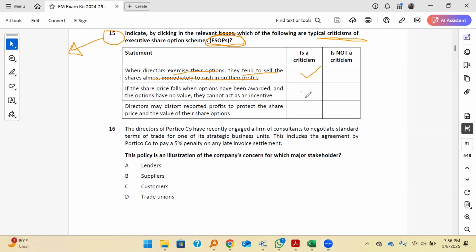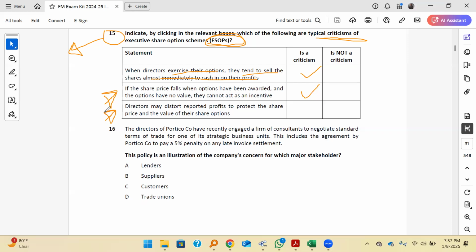Then, if you look at the third one, it says that directors may distort reported profits to protect the share price and the value of their share options. Now, if the second one is correct, that means the third one is also correct, because directors are going to be benefiting if the share price does not fall. And share price is basically going to be computed based on what the earnings per share represent. And the earnings can be manipulated because they just represent how much money you have earned in a year.